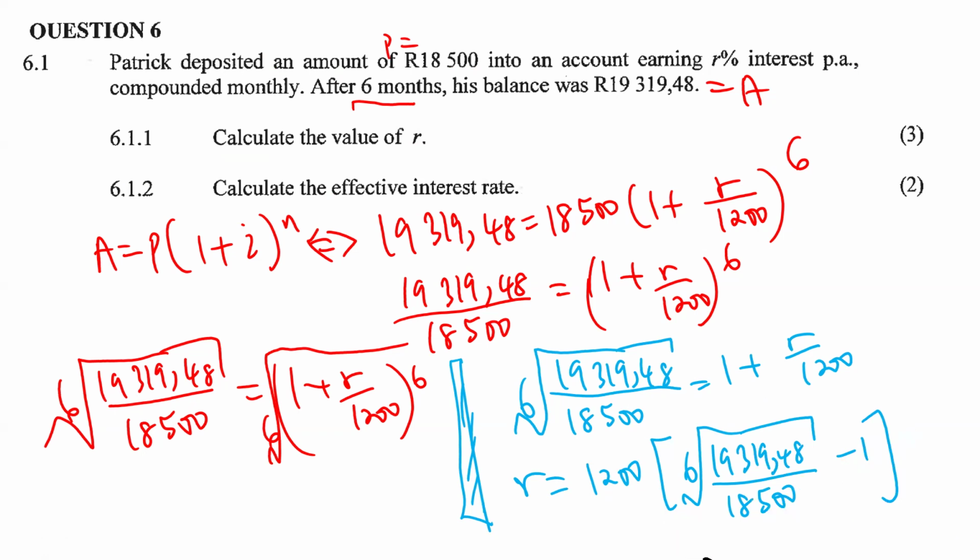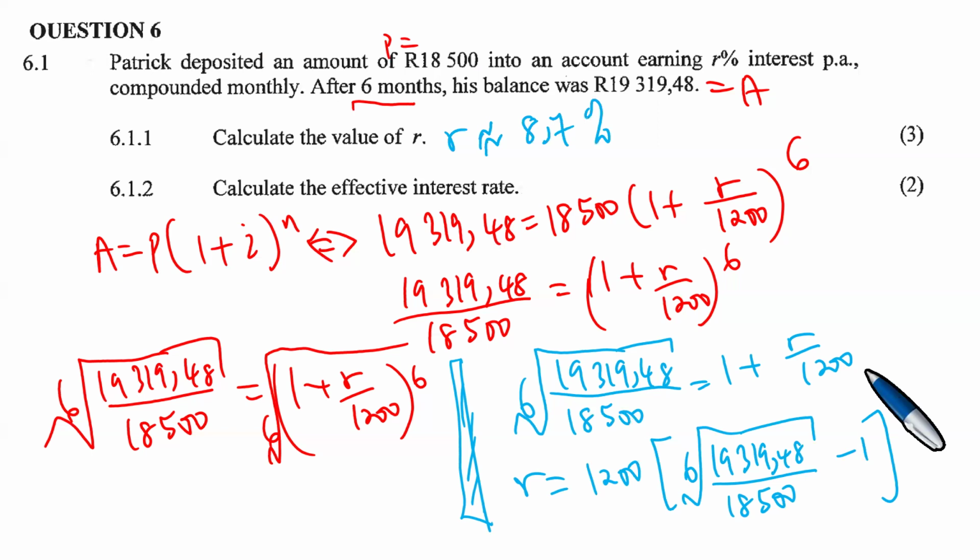Okay, if you use a calculator here, you'll see that R is approximately 8.7%.